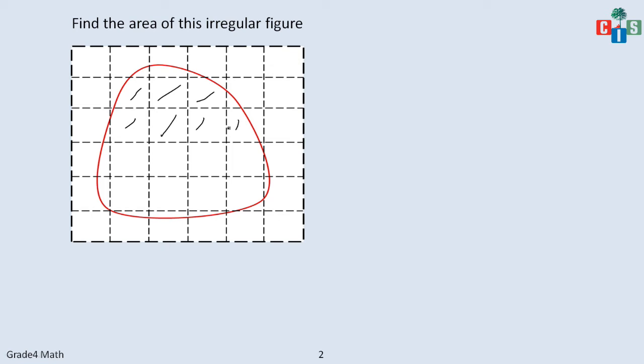Now why am I considering this 7? Because it's more than half. 8, 9, 10, 11, 12, 13, 14 and 15. So in all we have 15 boxes which are colored. So the area of this irregular figure is 15 square units. Don't forget to write the square units.